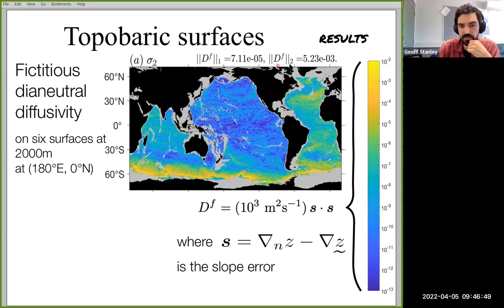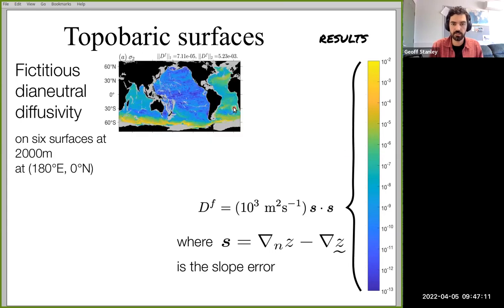And in terms of a root mean square, it's 5 times 10 to the minus 3 meters squared per second, which is uncomfortably larger than the canonical background dineutral diffusivity of 10 to the minus 5. So if you use this for a surface in a layered ocean model, you would not be able to have an ocean model that had a very small diffusivity of 10 to the minus 5. So that would be a loser, you would say.